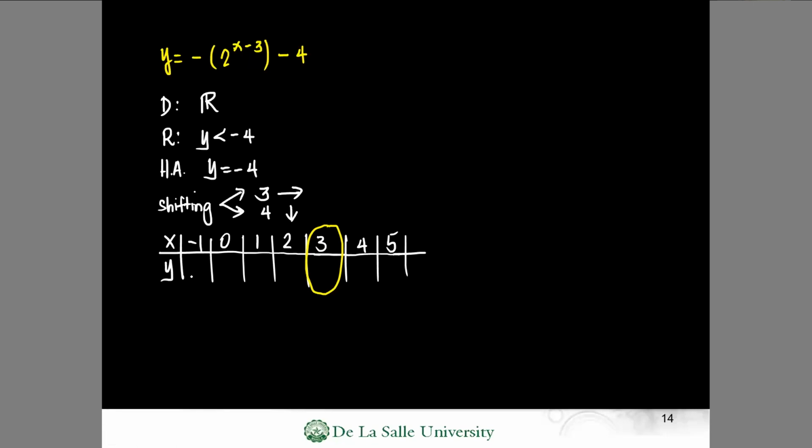For -1, -4.0625. If it's 0, -4.125. If it's 1, -4.25. If it's 2, -4.5.